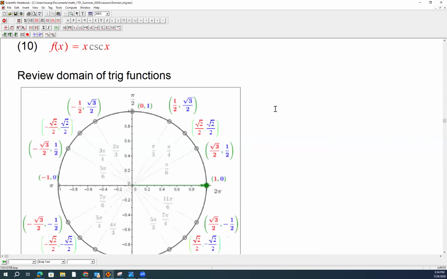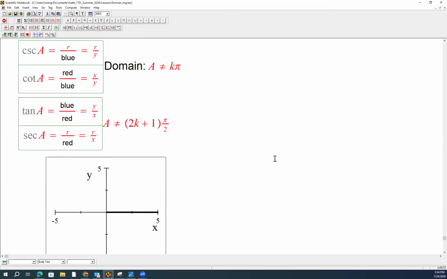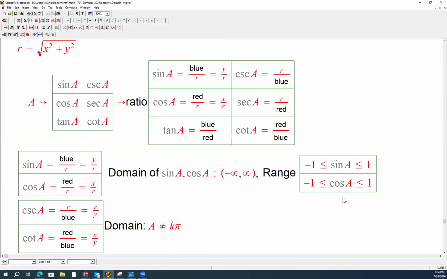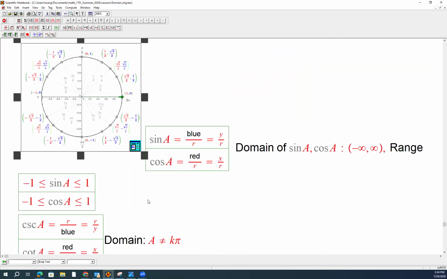Another way to determine the domain of these functions, if you're good at the unit circle, is to combine with the unit circle. So I'm going to put a unit circle right next to it, make it a little bit larger so you can see better.